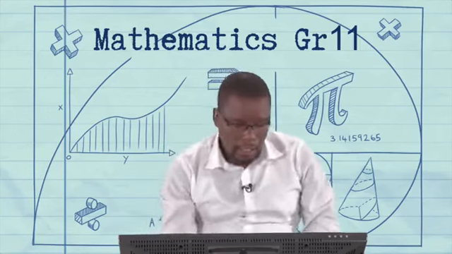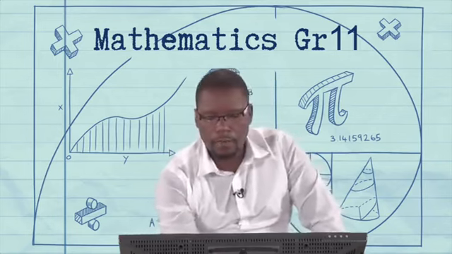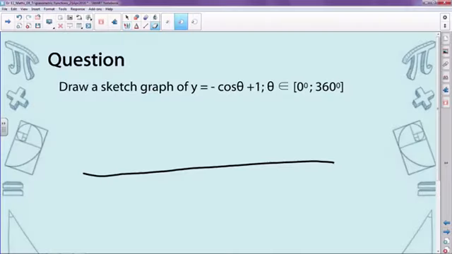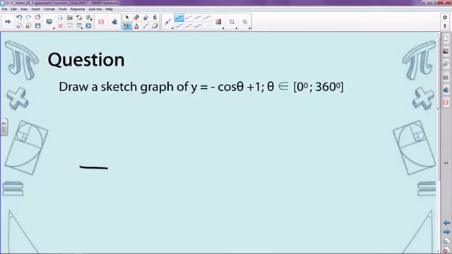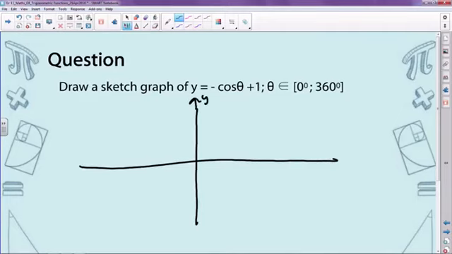All right, guys, let's see. You've got y equals minus cos x. My line is not as straight, okay? Nevertheless, this is y, and that is your x, from 0 to 360. 90, that's your 0 degrees, 180, 270, and then 360, and then you've got a 1, and then a minus 1.